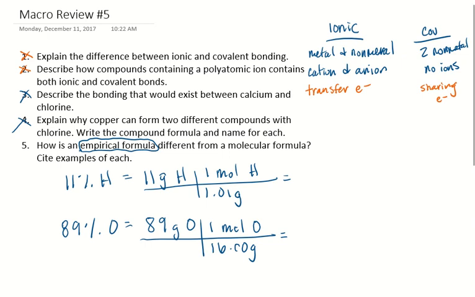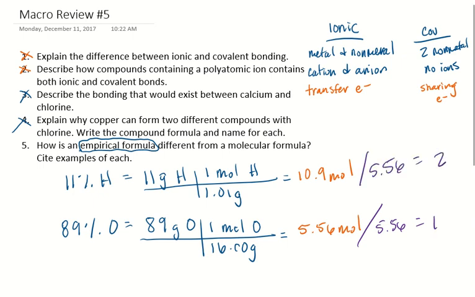About 10.9? And what's 89 divided by 16? 5.56 moles. We take our lowest mole amount and we create a ratio. So divide each by 5.56. You get 1 oxygen, and about 2 hydrogen, giving you an empirical formula of H2O.